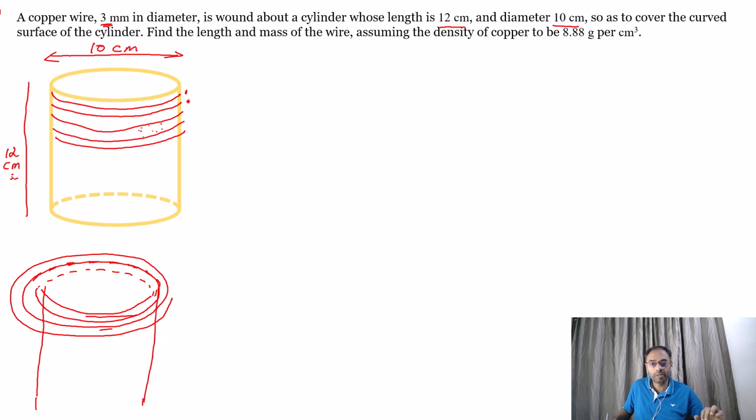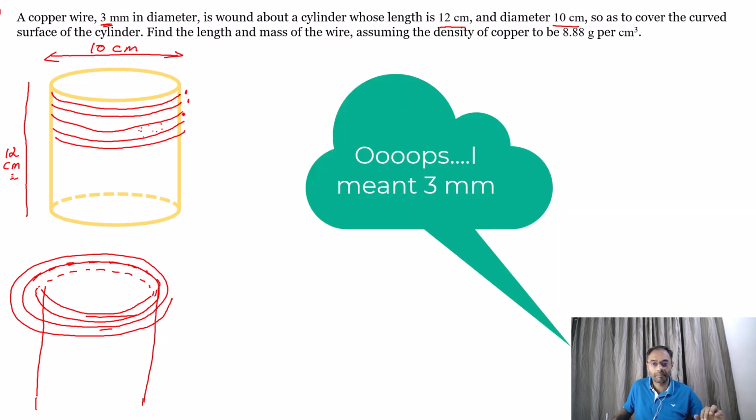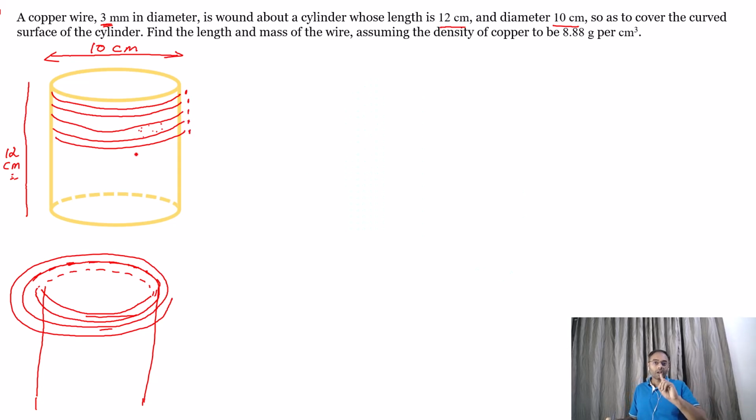This is another 3 millimeters of the wire, another 3 millimeters, another 3 millimeters. So every time the copper wire is consuming 3 millimeters from this 12 centimeters.